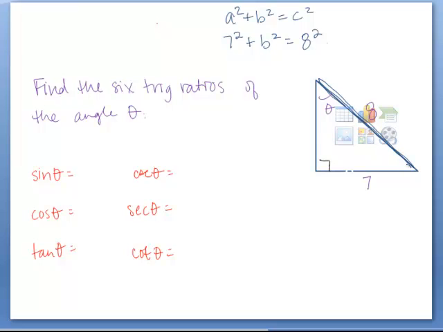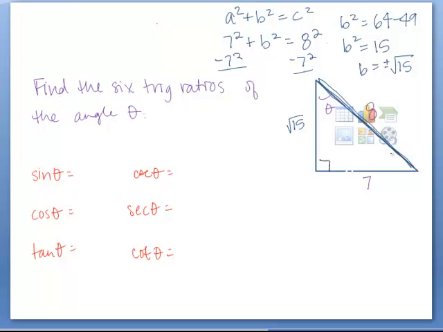So, if we're going to solve, we would subtract 7 squared. We get b squared equals 64 minus 49, so b squared equals 15. So b is going to be plus or minus root 15, which has to be positive because it's a unit of length. So let's plug in square root 15 right here, and we're going to find our 6 trig ratios.